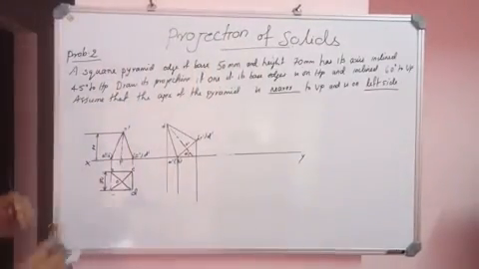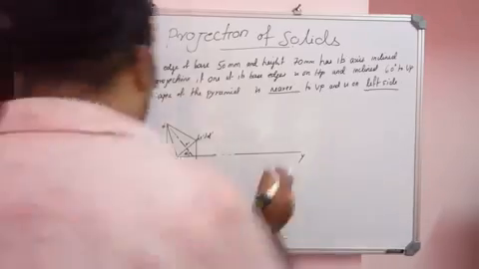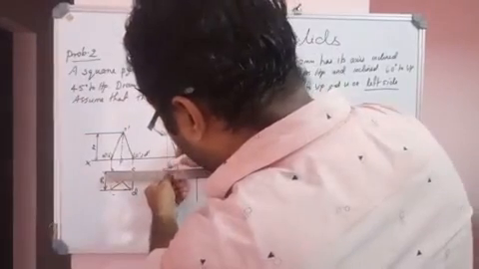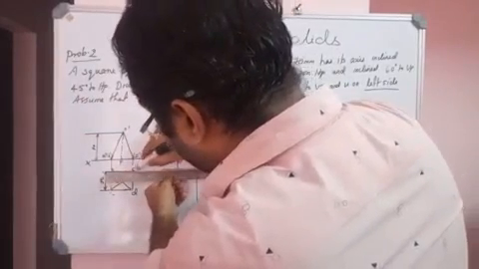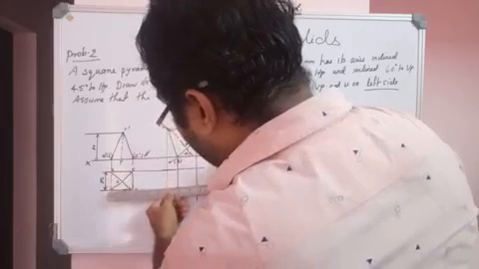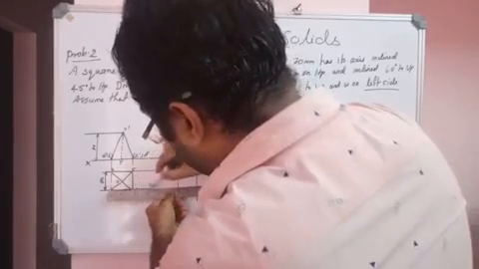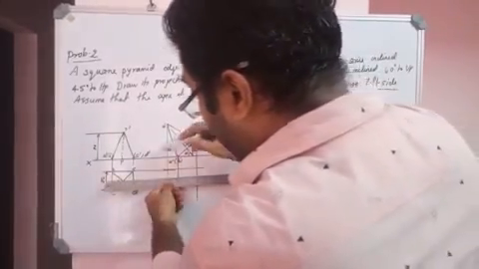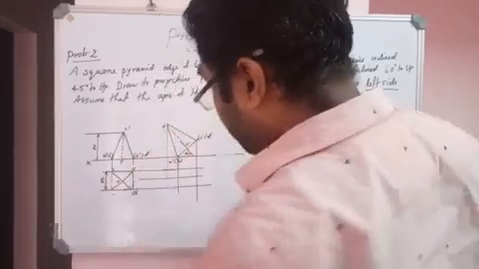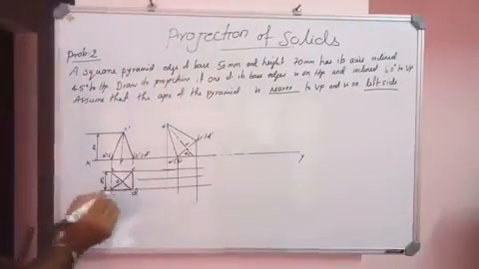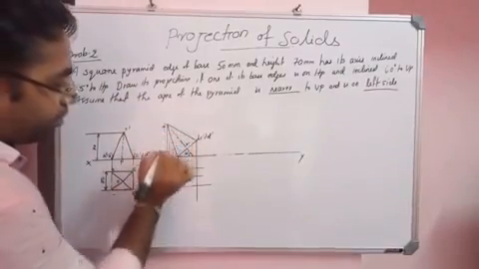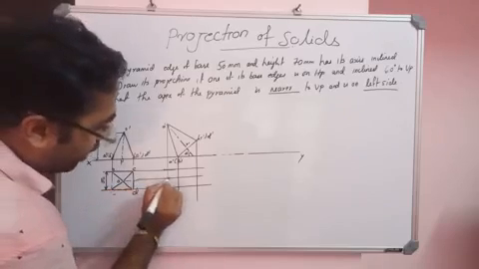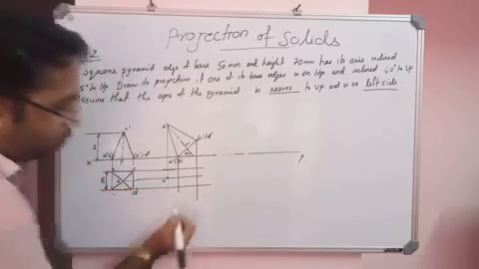I'm just drawing downward, and then horizontal lines also, the horizontal lines from B and C, and here also this one. If you want you can also draw the axis line. So you can get the point here. See this O point: the O point line is coming here, so you can mark this as O.